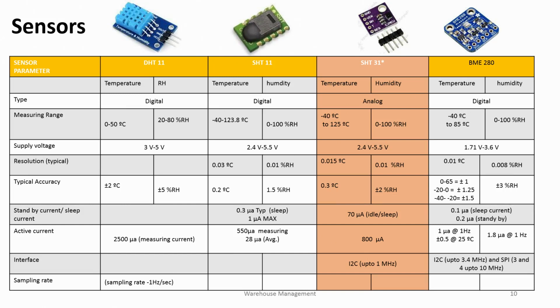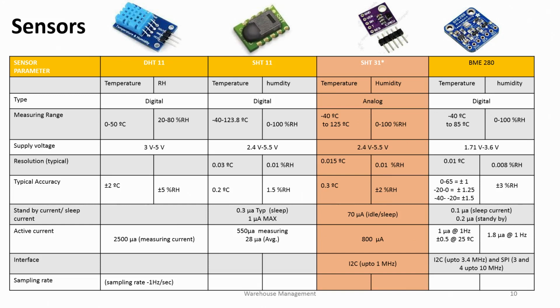Now, here is a plethora of sensors which they can use. Of interest are DHT11, SHT11, SHT31 as well as BME280. One is from Sensirion, BME is from Bosch, right, and there are other companies which are also making sensors. What are the parameters to look for? That is the question of interest. You can see the measuring range, supply voltage, resolution, typical accuracy, of course power consumption, which is very important because you are looking at a 5 to 10 year lifetime, and what kind of interface, all of it is indicated here.